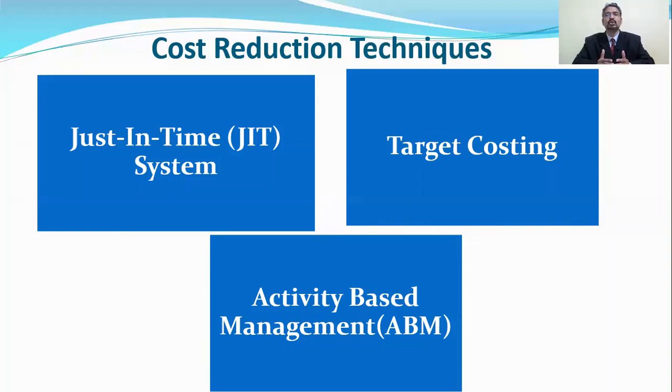So we need to control the cost to control the selling price. Whenever we are controlling our cost, we'll be able to succeed in the market to face the competitive environment. So to achieve the competitive environment, we need to go for target cost.